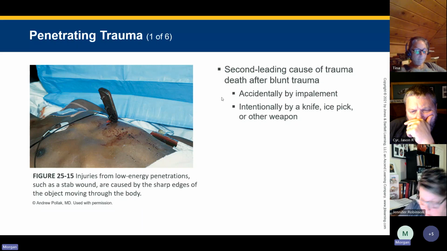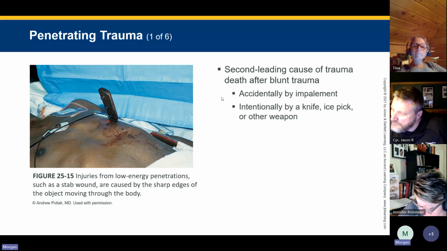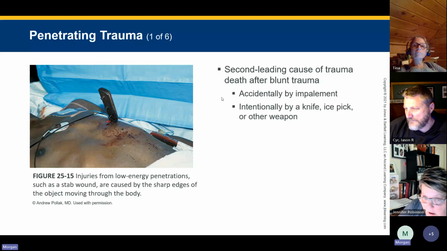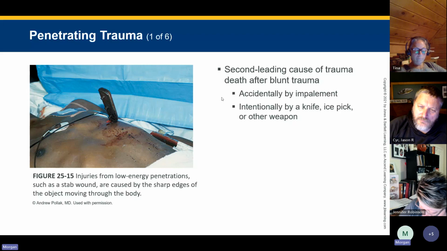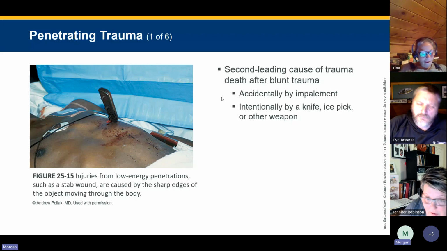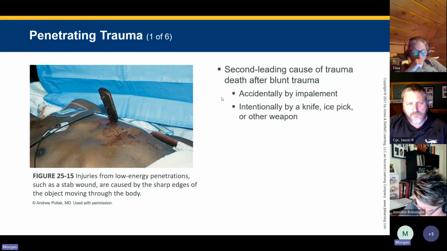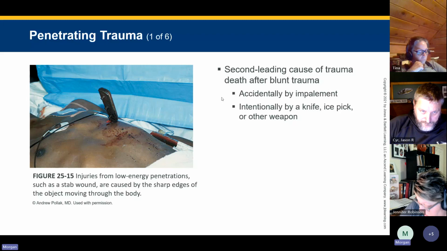This is interesting. So, penetrating trauma. This is the second leading cause of trauma death after blunt trauma, because there's only 2 types of trauma, I guess. Accidentally be impaled or intentionally by a knife, ice pick, or other weapon. What injuries do you think would happen with this?